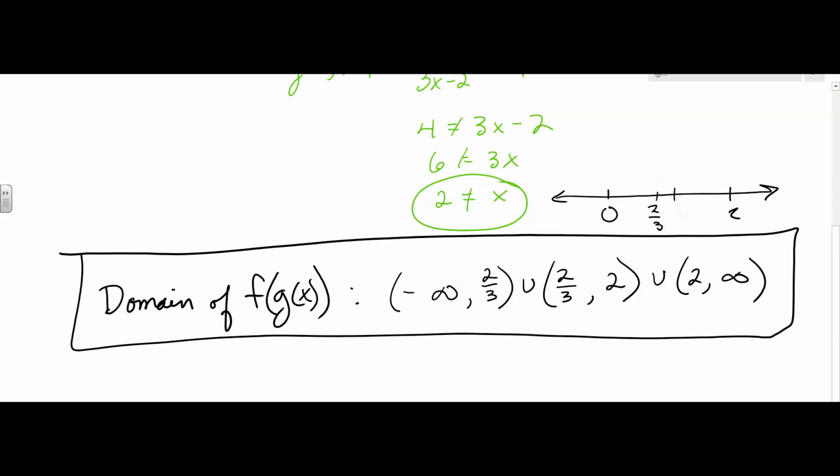So you're trying to say, hey, I don't want this number, and I don't want this number, but all these other numbers are great. So we're saying from negative infinity up to 2/3, then we're saying all these numbers in between work, and then we're saying all those numbers after work. Okay, so sometimes the graph helps you see the interval notation a little bit better. So we're just pulling out 2 numbers that we can't have here. Anyway, in interval notation, that's how you write it.